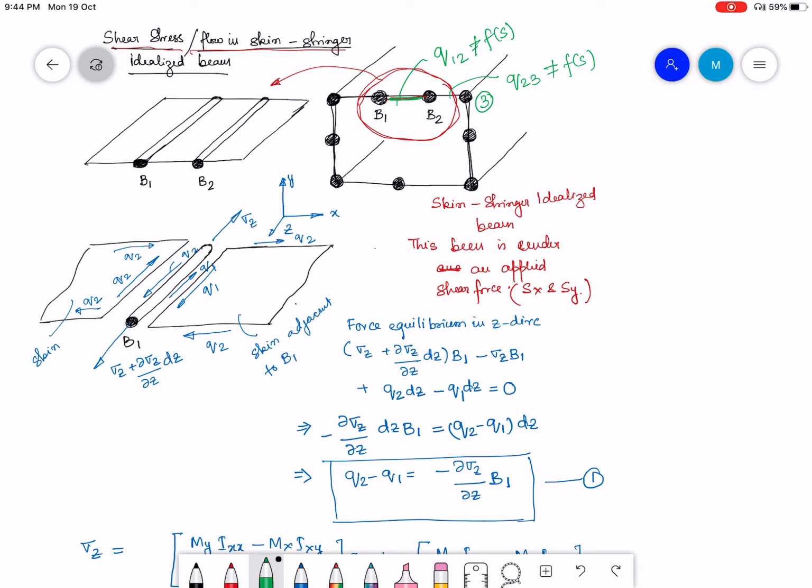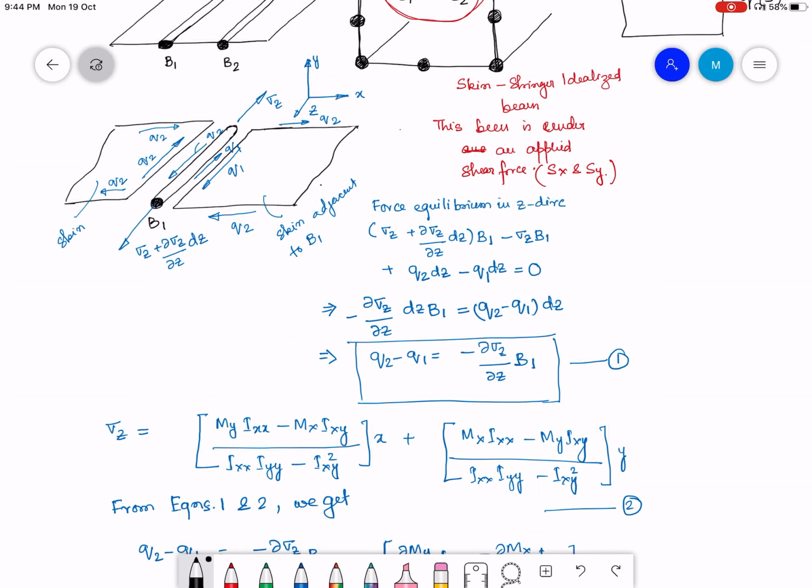But in the actual cross section, q would be a function of s, and that brought a lot of complexity and tedious calculation into the analysis, which we can get rid of if we idealize or approximate it using a skin stringer model.